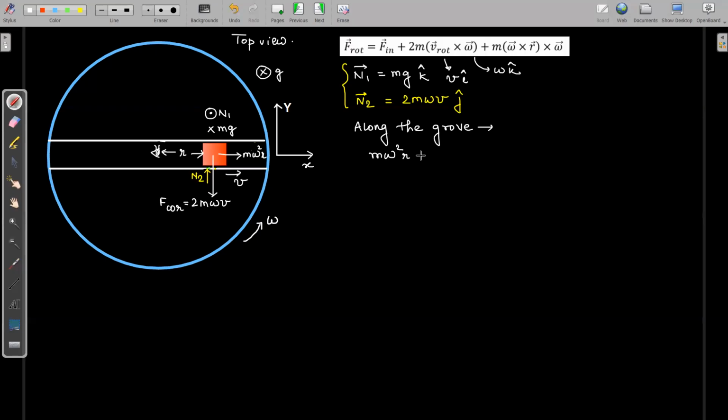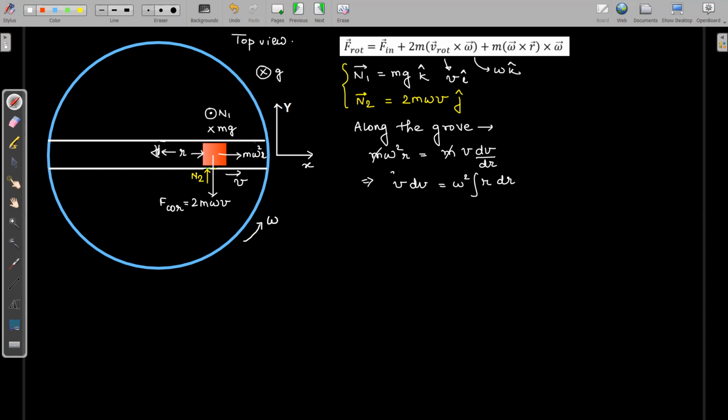And if v is the instantaneous velocity, then I can write this as m times acceleration. Now acceleration I can write as v times dv by dr, right? So if we rearrange this expression, the m term gets cancelled out. So v dv is omega square times r dr.